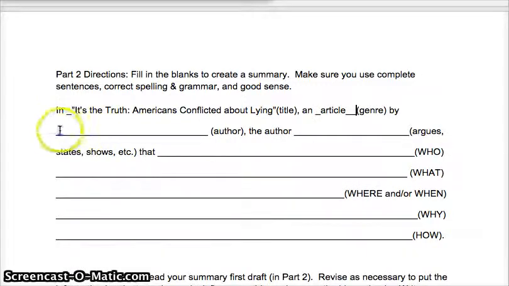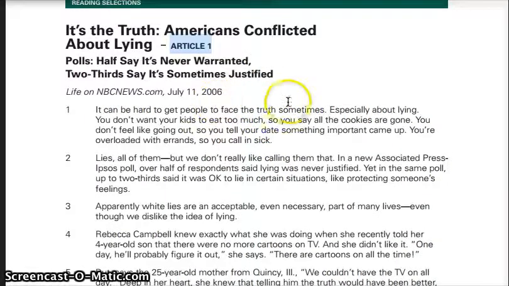An article by, now we need the author. In this article, we have 2 authors. Oh, beg pardon. This one is Life on NBCnews.com. We'll go with that one.